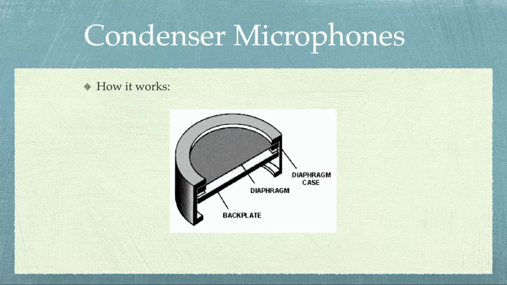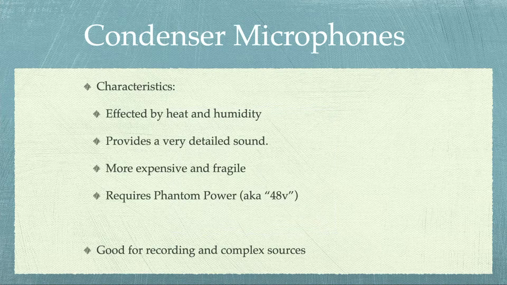As you can probably guess, the thing about condenser microphones is it's all the opposites of a dynamic microphone. It is affected by heat and humidity, right? Because metal is more likely to stretch and contract. This microphone would sound different at the North Pole and on the Sahara Desert.